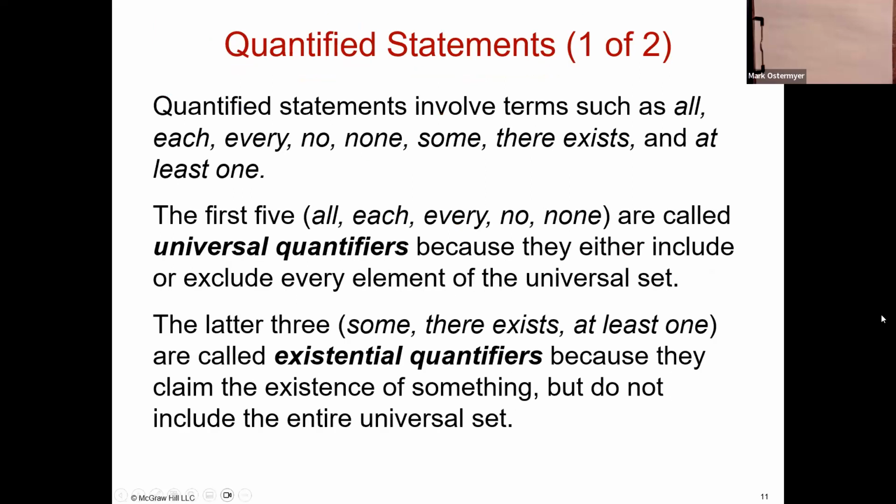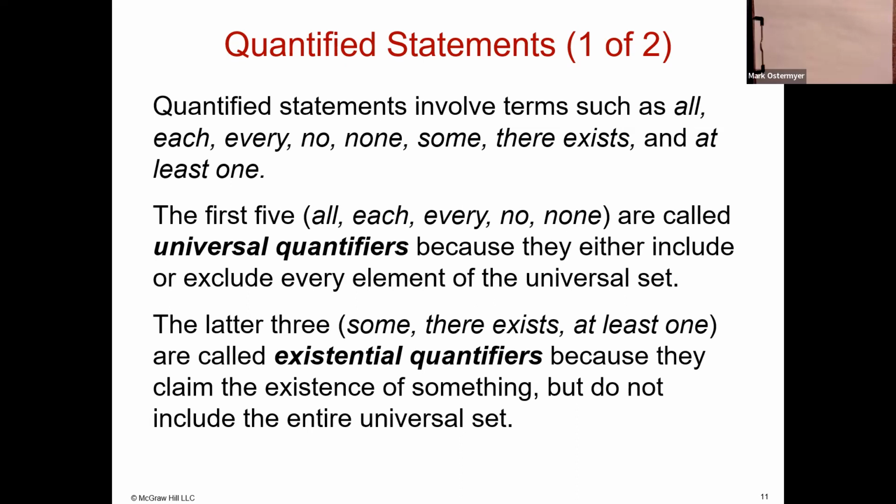Okay, quantified statements involve terms such as the words all, each, every, no, none, some, there exists, and at least one. If you see any of these words, you have what is called a quantified statement.